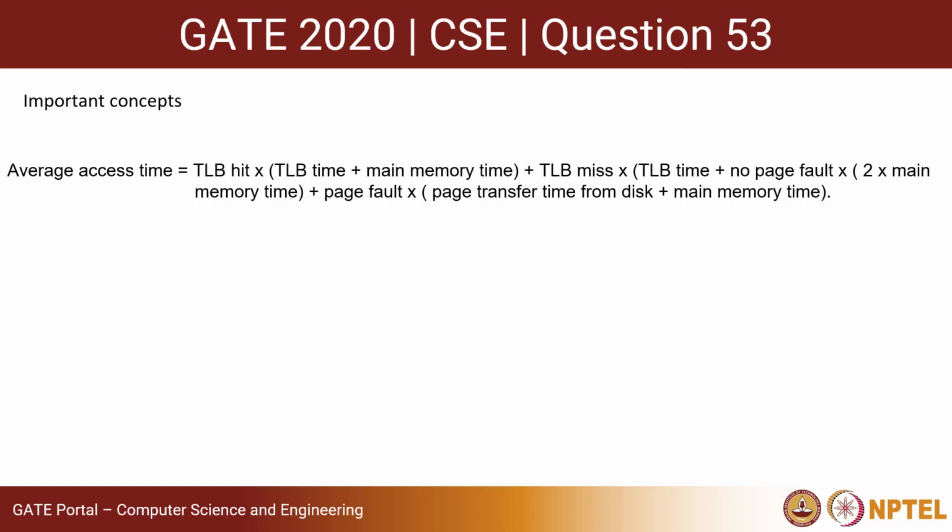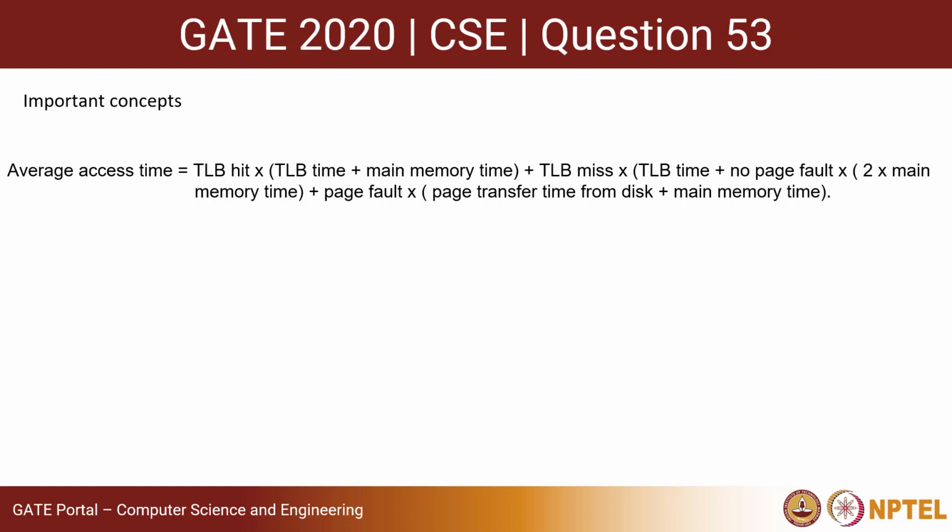Whenever we are accessing a page in a system, we first have to look at the page table which is present in the memory unit. That consumes one memory time, and then after we get the page number from the page table, we go to that particular page residing in the main memory.